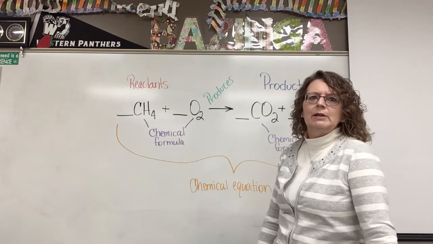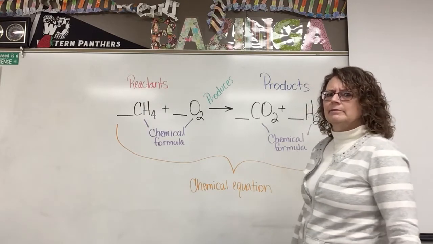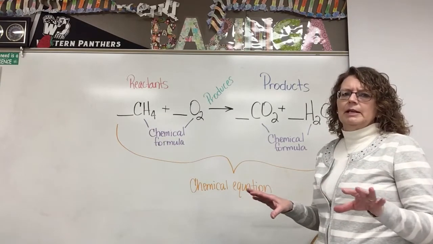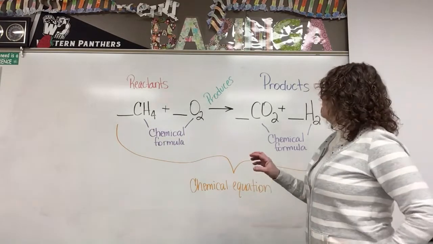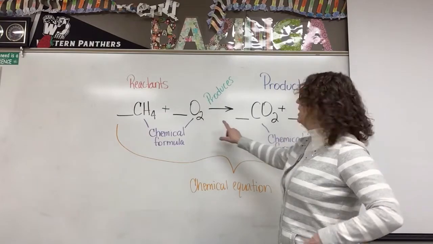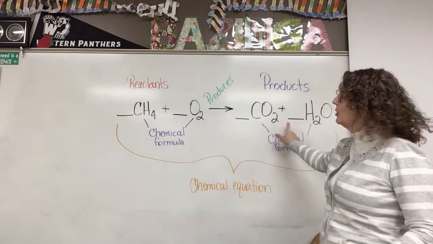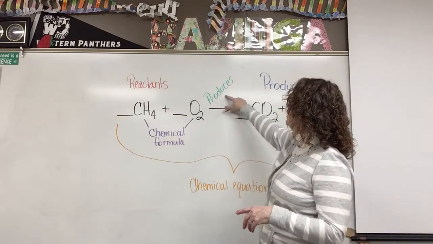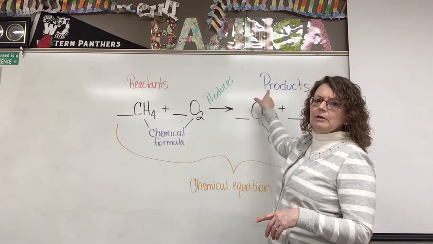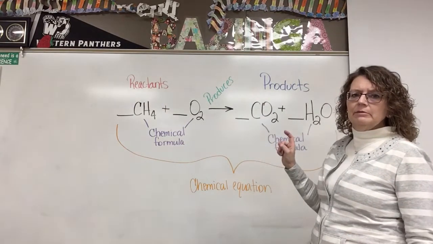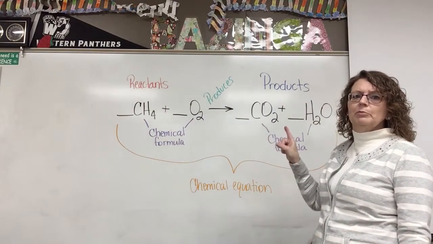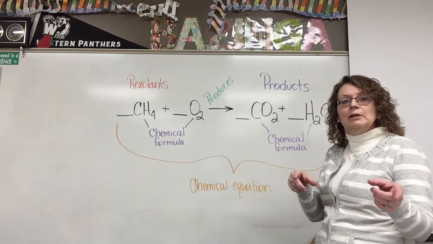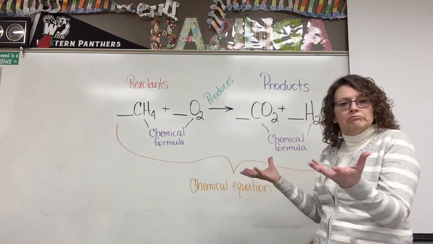It's kind of like an equal sign in math, kind of. Don't use an equal sign though. Use the correct science symbols, okay? So produces, and then products. We mix our reactants and then they produce products on the other side. Reactants produce products. That kind of makes sense, right? Reactants produce products. There you go.